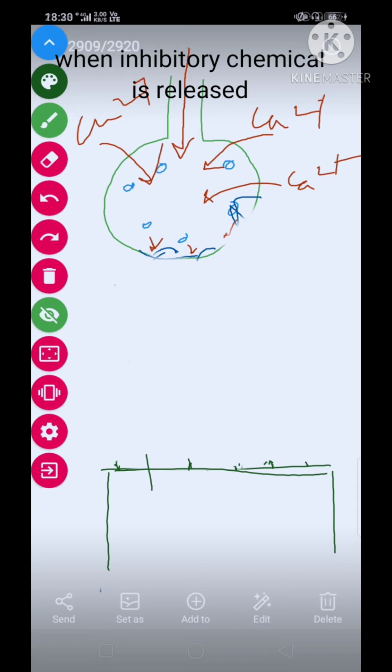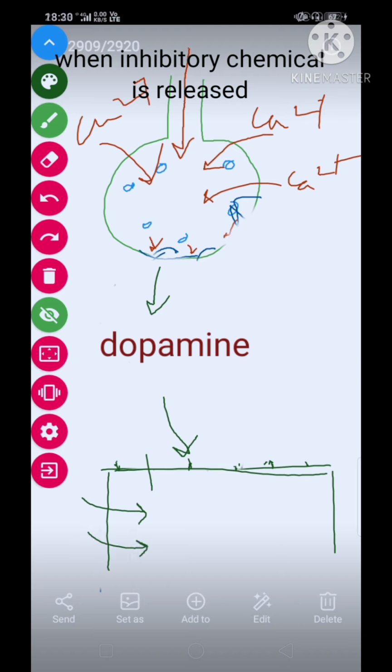Now let us consider a condition in which the inhibitory chemical, that is dopamine, is released at the synaptic cleft. Whenever this inhibitory chemical dopamine is released at the synaptic cleft, it will bind to the postsynaptic membrane receptors. The binding of dopamine on the postsynaptic receptors will result in the opening of chloride channels.